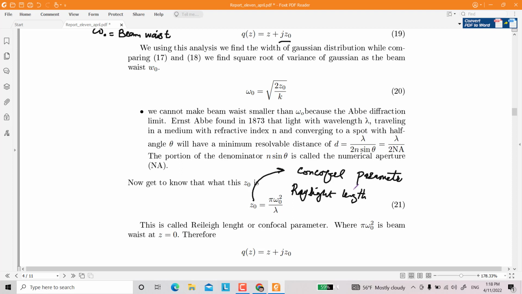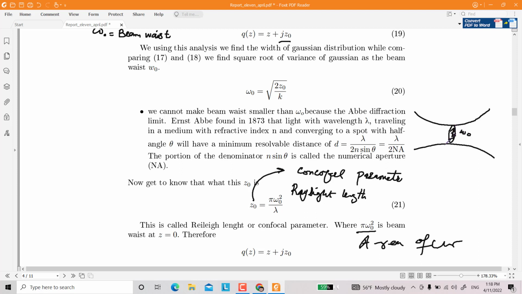So this is called the Rayleigh length or the confocal parameter, where you can see this is pi r square, the area of a circle. If the beam is like this, here the beam has minimum spot size. This is called omega naught.